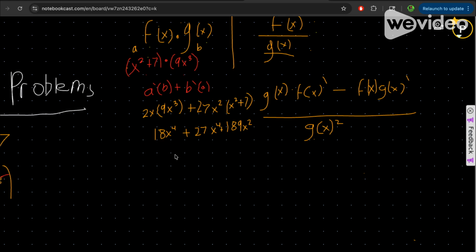So if you simplify, it'll be 18x to the 4th plus 27x to the 4th, so that would be 45x to the 4th, plus 189x to the 2nd, which happens to be our answer.